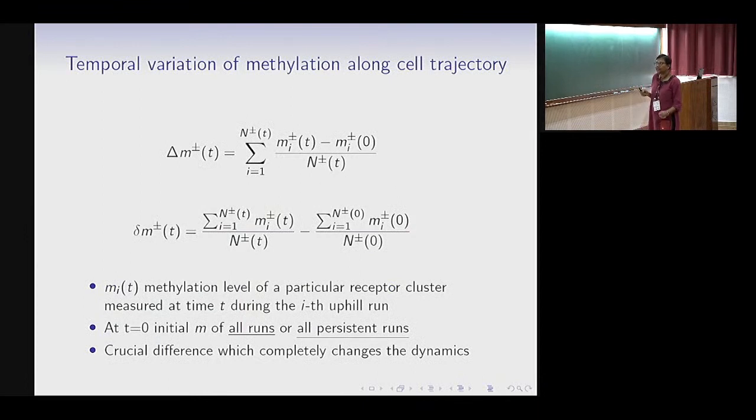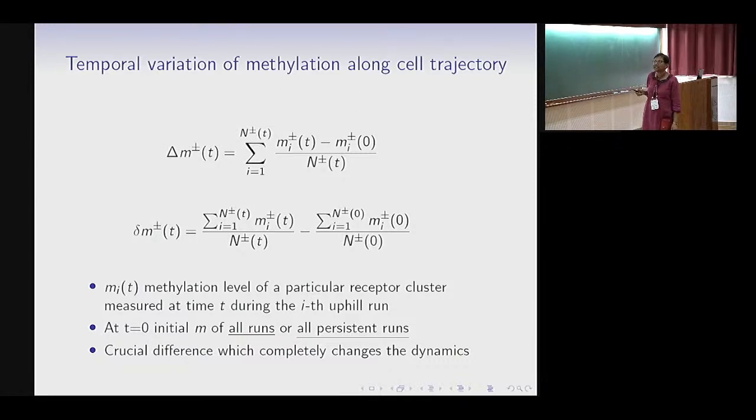So let me first carefully define the exact quantity that we had looked at. Here, M_i(t) is the methylation level of a particular receptor cluster measured at time t during the ith uphill run. So t equal to 0 means when the run is starting, and I keep track of the methylation level of any cluster, and these plus and minus superscripts denote whether the run is uphill or downhill.